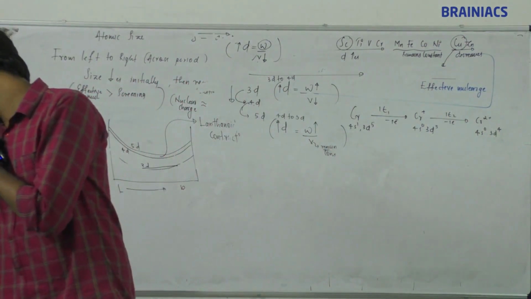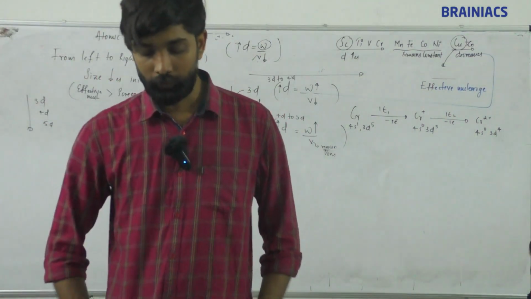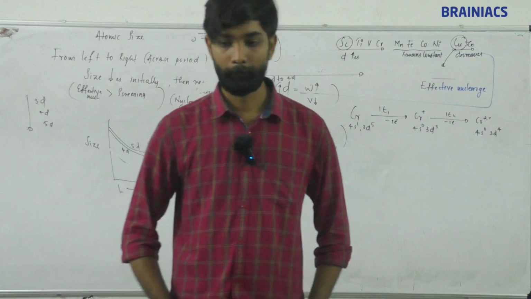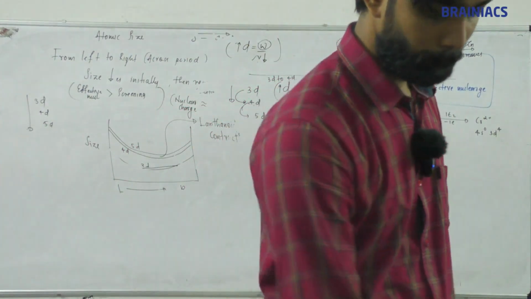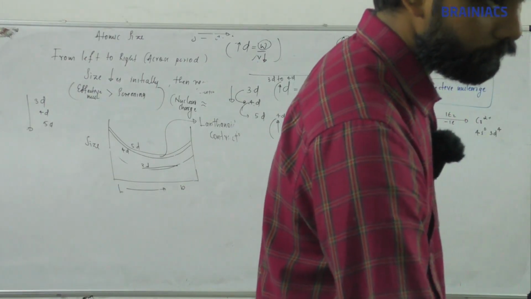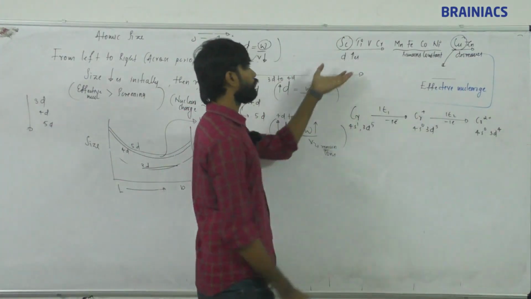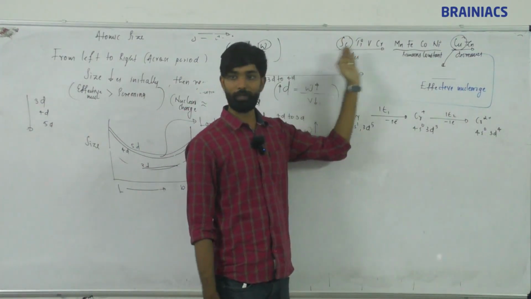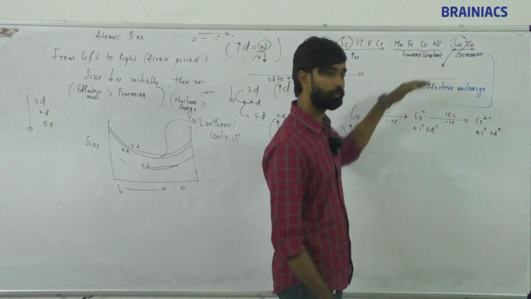The density of the 3D series is less than 4D. So copper has high density, then scandium has low density. Across the period, density increases from left to right, then remains constant.